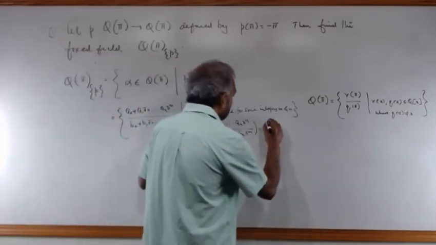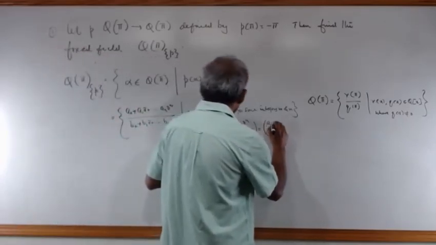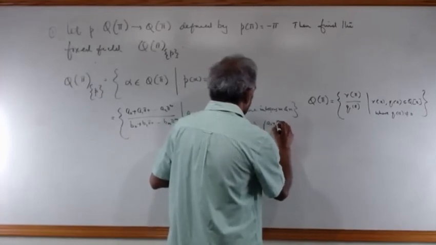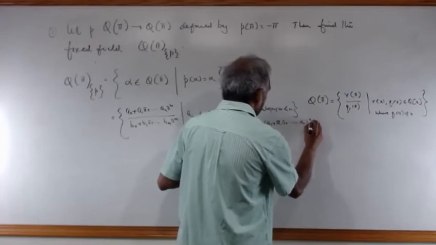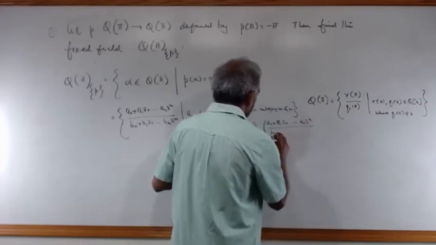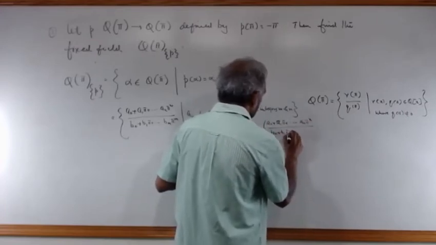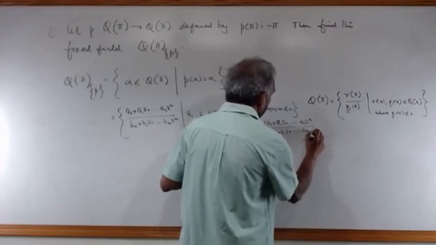So this is equal to a0 plus a1 pi plus dash dash an pi to the power of n divided by b0 plus b1 pi plus dash dash bm pi to the power of m.